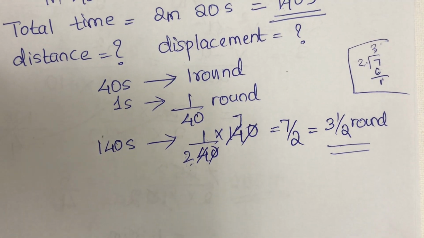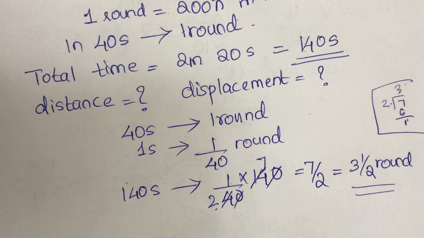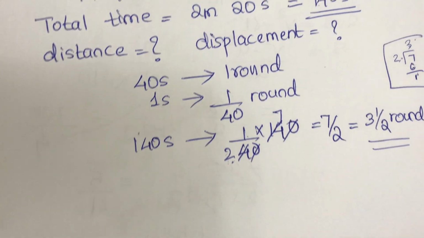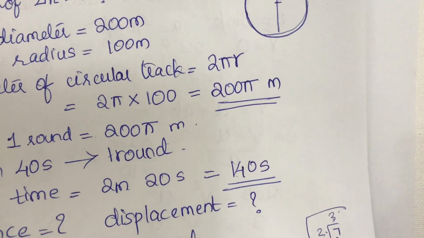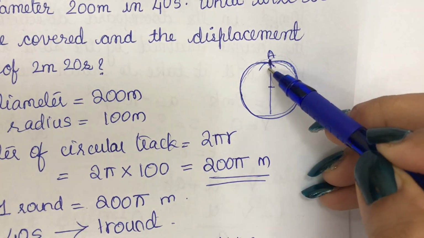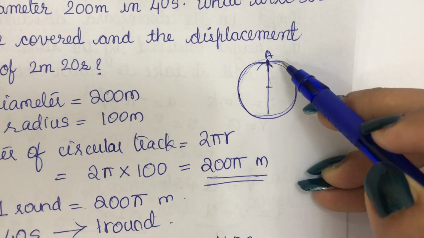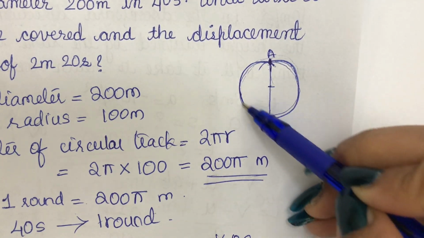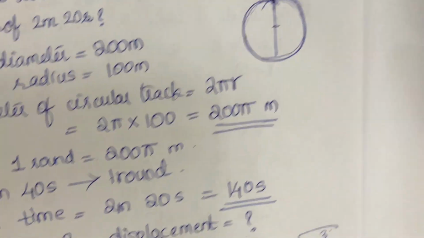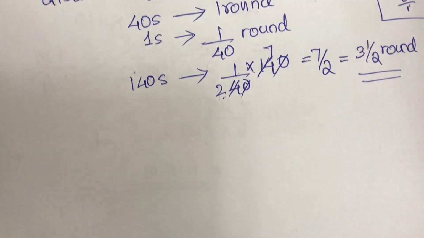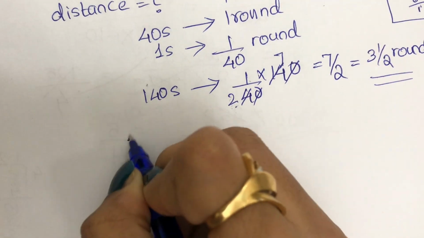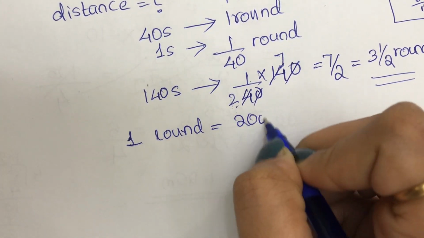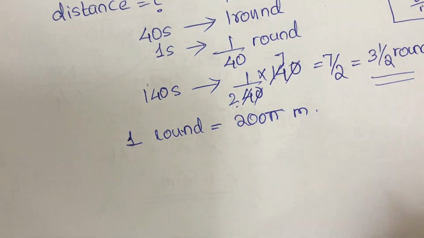So the total distance is 3.5 rounds, right? The total distance covered from the start to the end. We know one round is 200 pi meter.